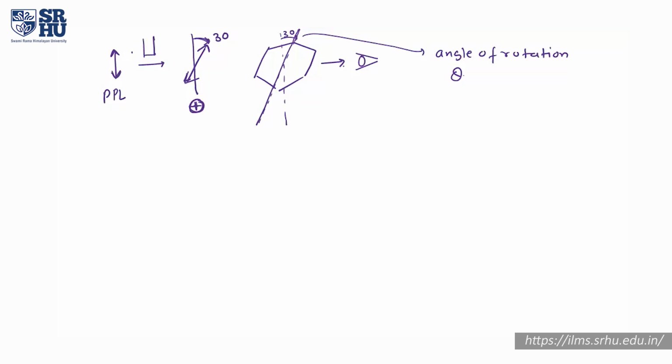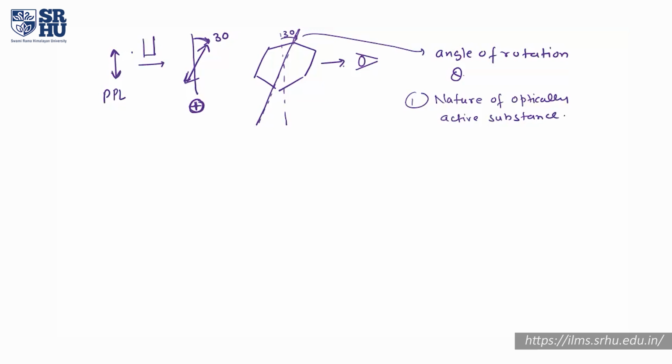Now this angle of rotation depends on some factors. You must recognize these factors. The first factor is the nature of the optically active substance.